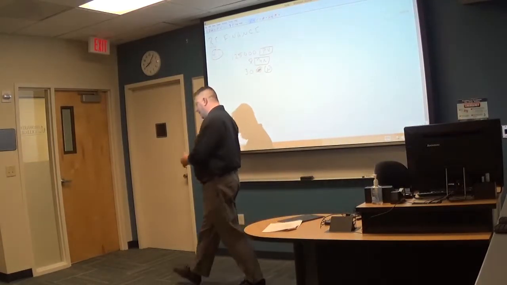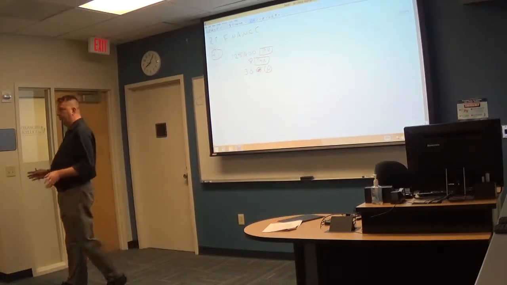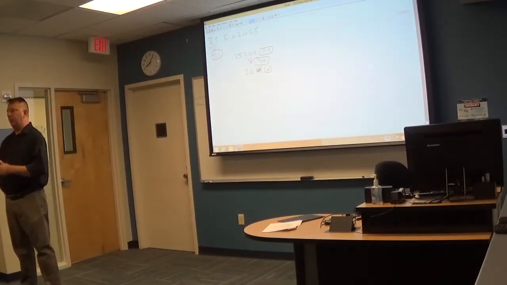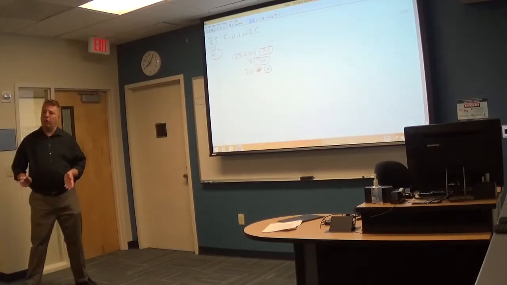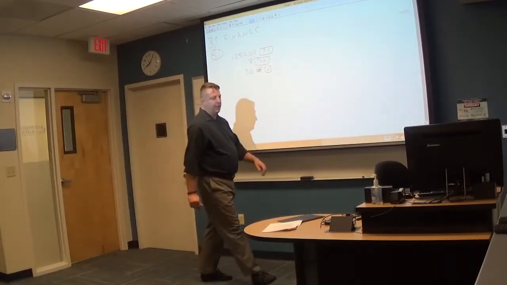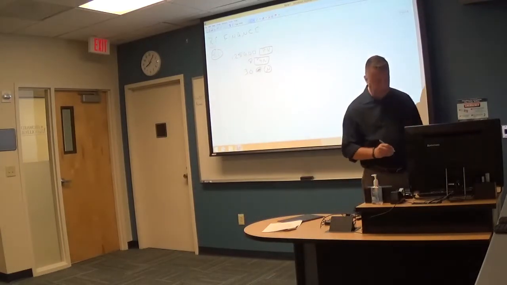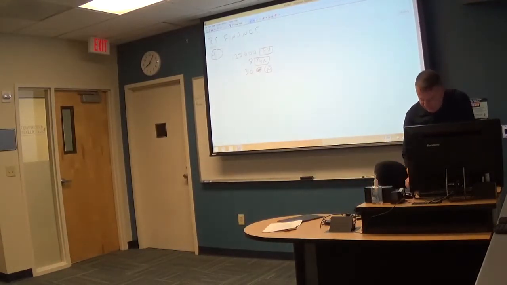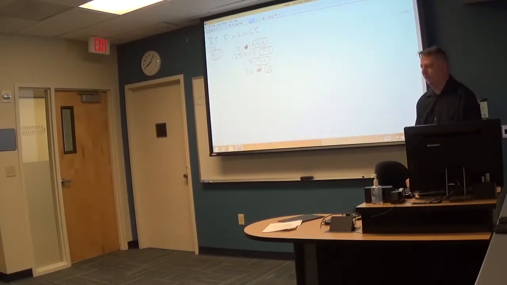Now, 9 times out of 10, whenever we're dealing with mortgages, we're going to be dealing with monthly payments, monthly compounding. So the very first thing that you want to do on virtually every single problem is to identify the number of compounding periods, whether it's 1 payment per year or, in this case, 12 payments per year for monthly payments.